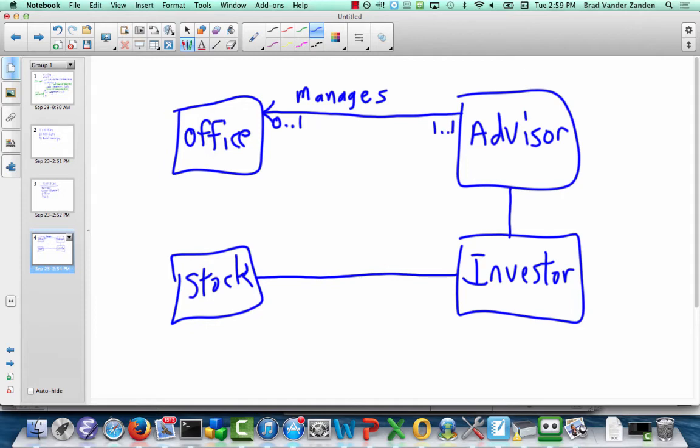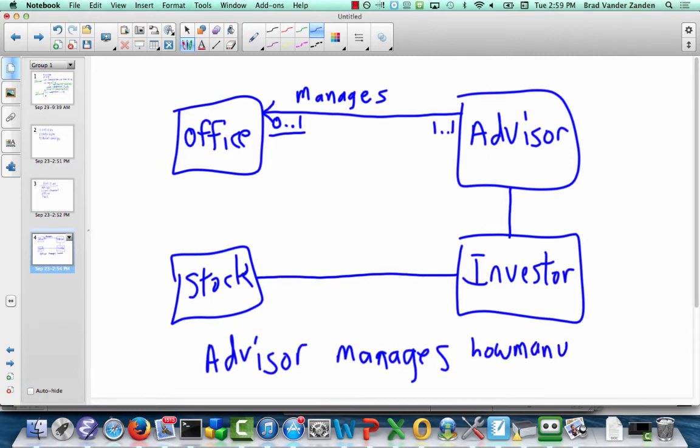So basically, when you're trying to come up with this one right here, again, think of it as an advisor manages how many offices. Okay, so it can be as few as 0 and as many as 1.